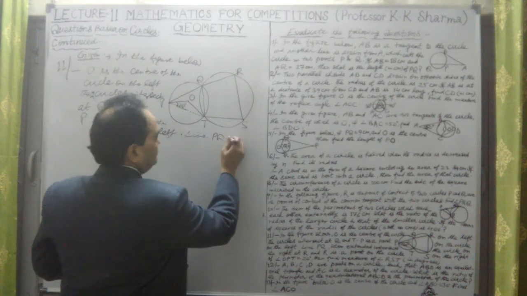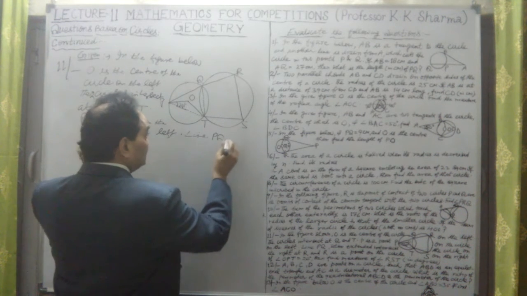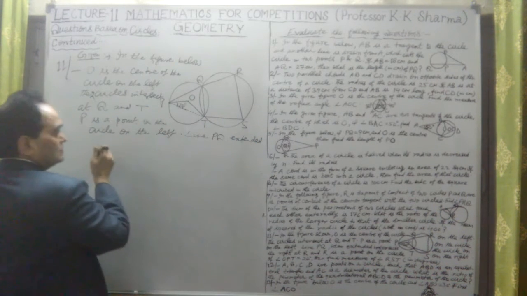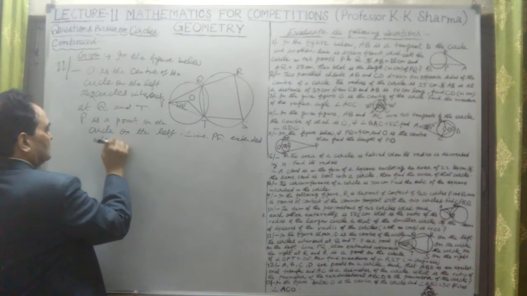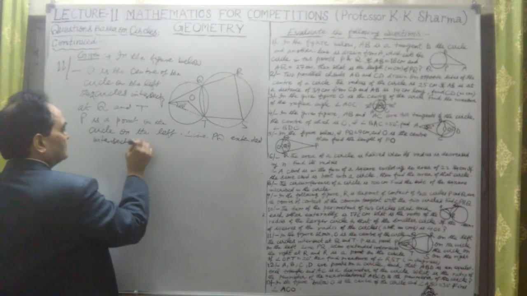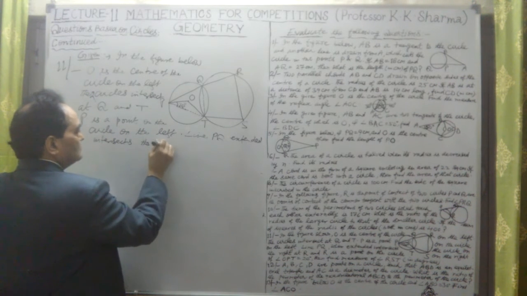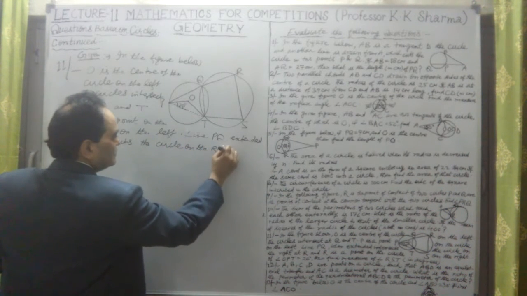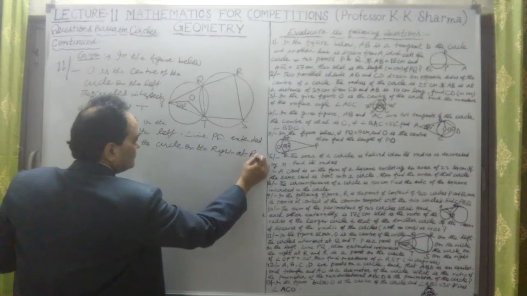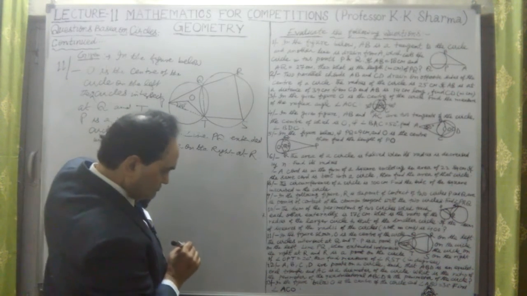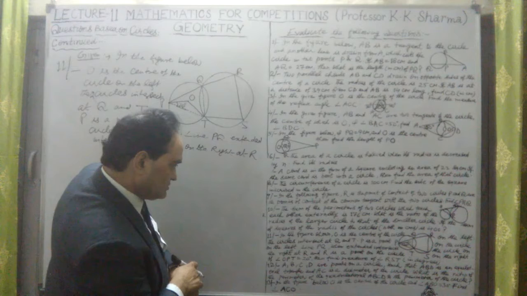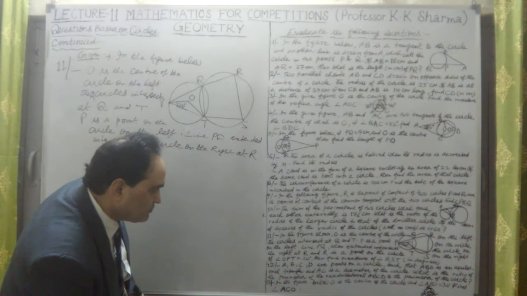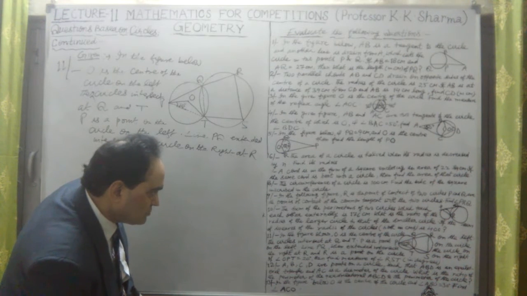Line PQ when extended intersects the circle on the right at R. This is also given to us. And R is a point on the circle on the right.